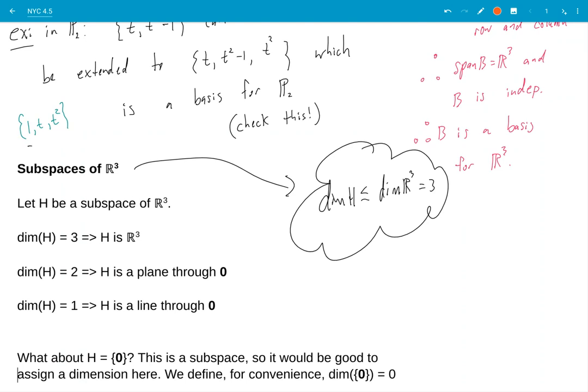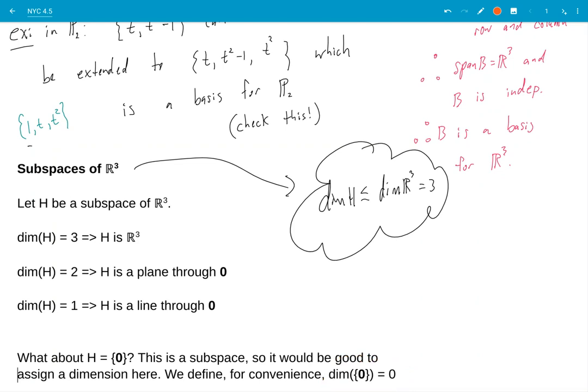Things get weird now. If you look at this subspace, sorry, pause and copy if you haven't done so already. If you look at this subspace, well, we have to kind of fudge this one just because it's convenient to have the dimension of this 0 vector space be 0.